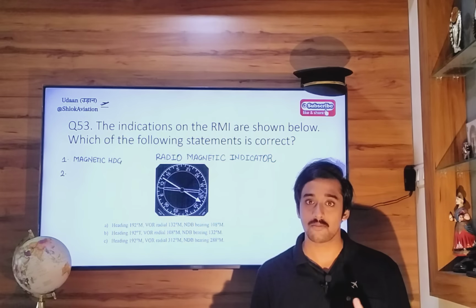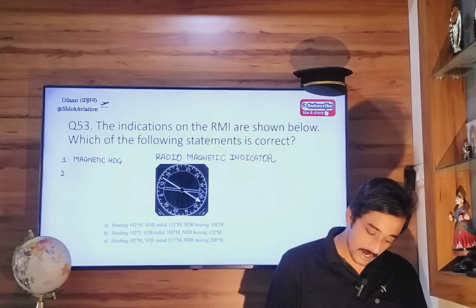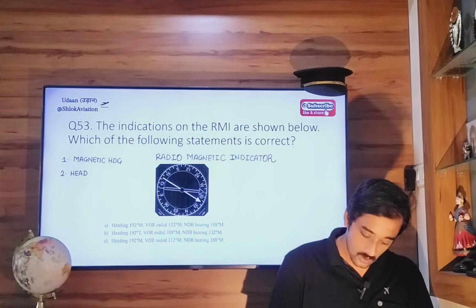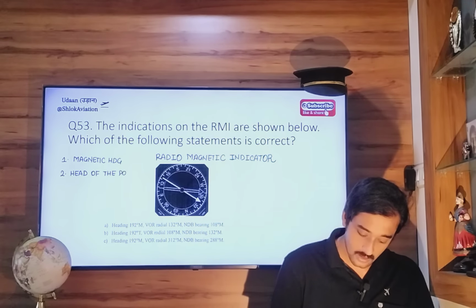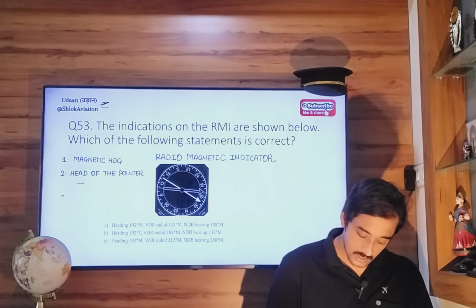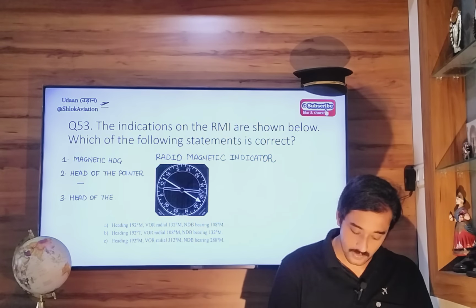Now this station can be a VOR, it can be an NDB station. Third, again the head of the pointer. So there are two pointers, right? So the head of the pointer.